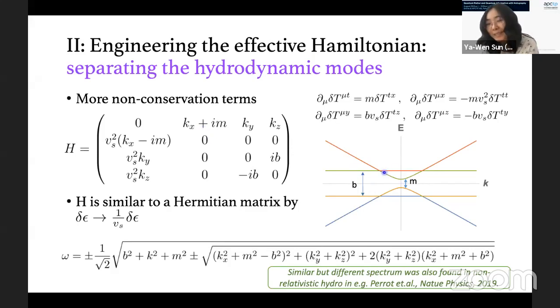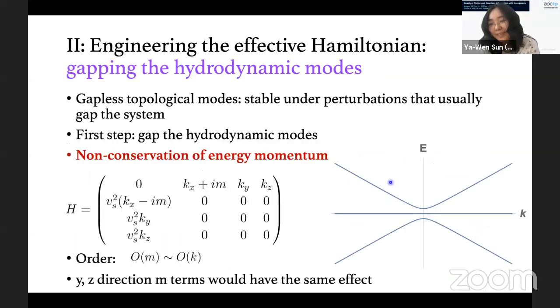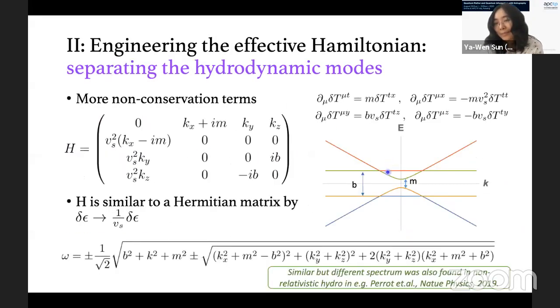We can see from this spectrum that, compared to the gapped one, these two sound modes do not change, but of these two diffusive modes, one goes up and the other goes down and becomes this one.